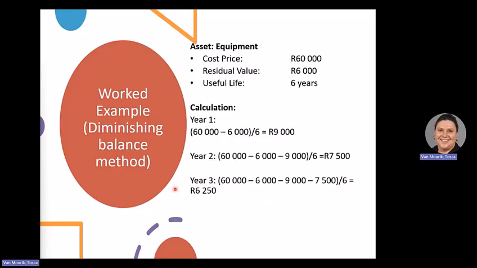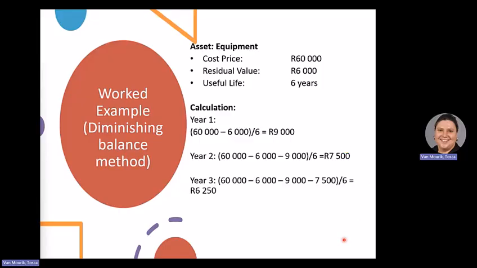So in year 3, my depreciation will only be 6,250. So can you see where the name diminishing balance is coming from? It is being reduced with each year. Alrighty.